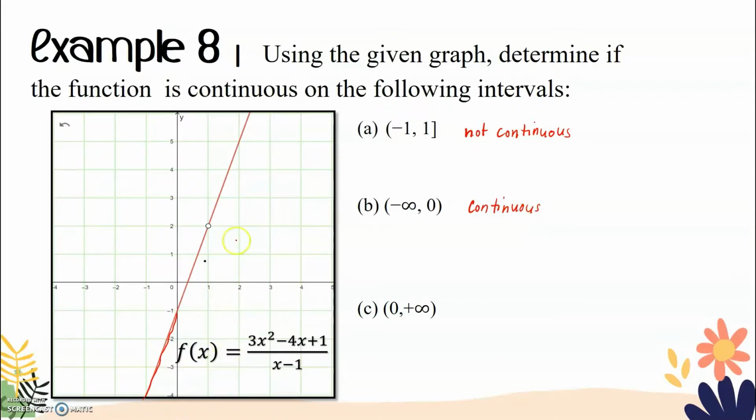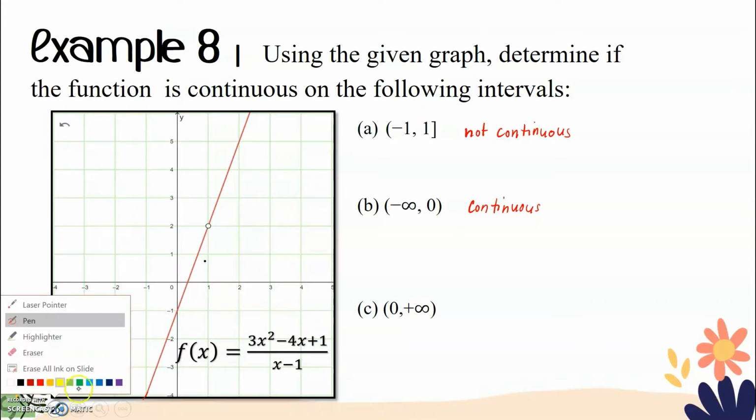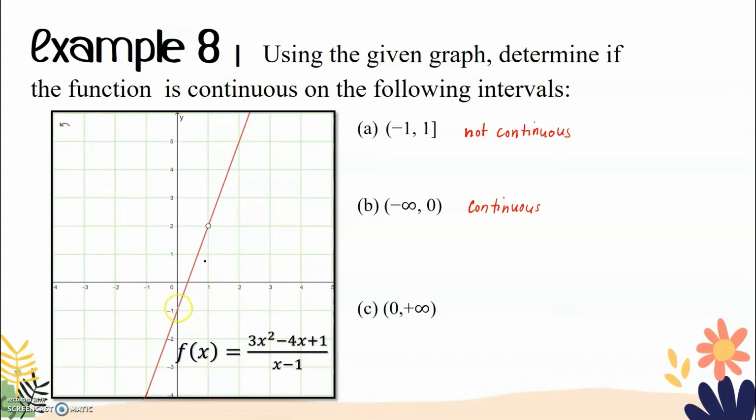Right? Next, let's go to the next interval from 0 to positive infinity. So tracing the graph from 0 to positive infinity, alright, we encountered a hole at x equals 1.